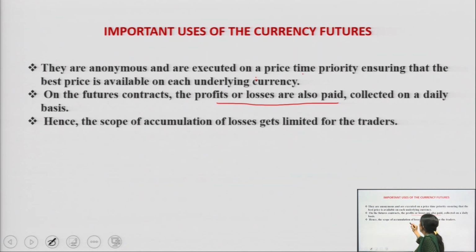Then the scope of accumulation of losses is limited for traders in the case of currency future contracts. It does not mean that they are not facing losses, but the losses can be minimized if the importer and exporter take a position and hedge their position.